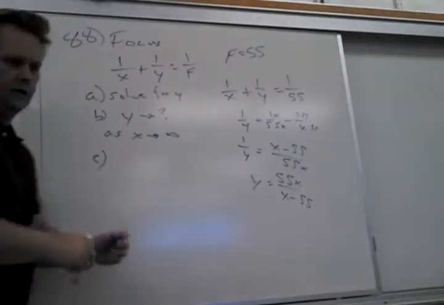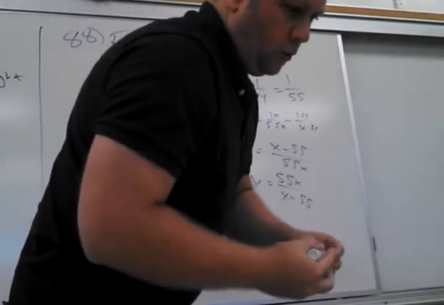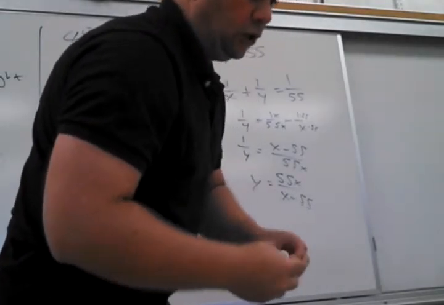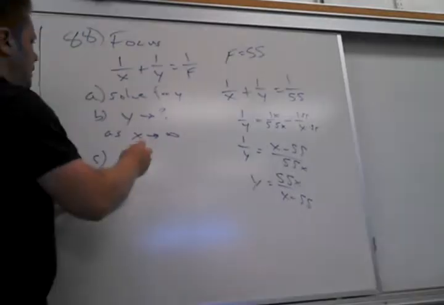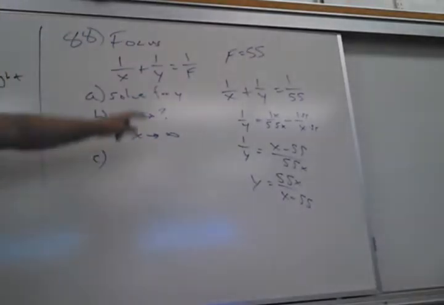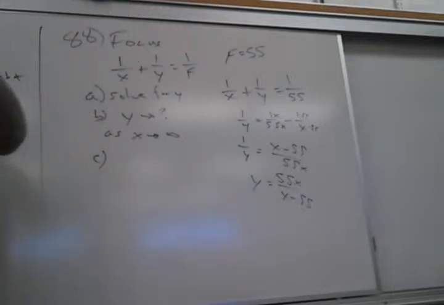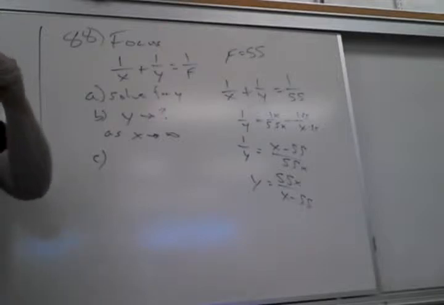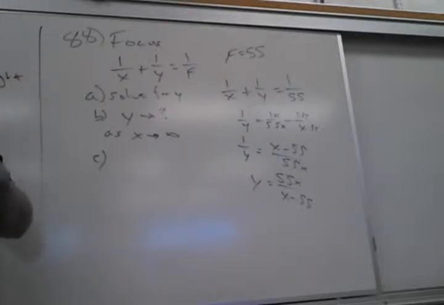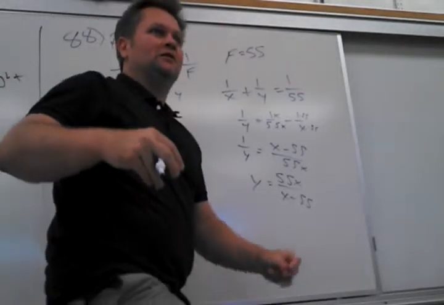Anyway, part C says, what happens as the object moves close to the lens? So what does that mean? What do I allow to have happen mathematically that relates to the physical? Let the object get close to the lens. Negative infinity would mean you go through the lens, which is totally different.